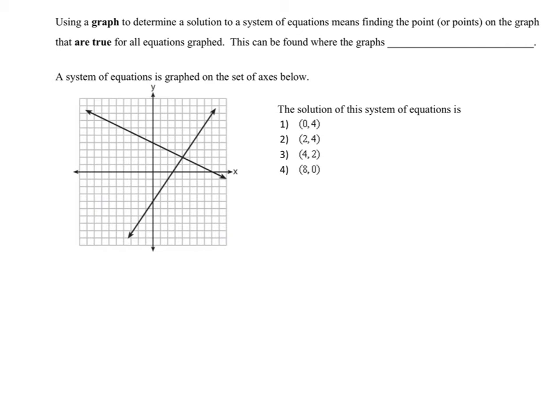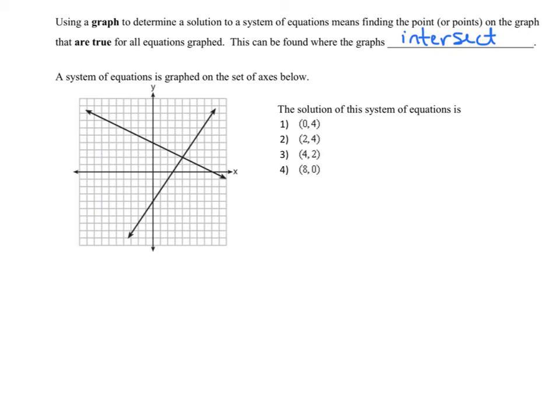Well, using a graph to determine a solution to the system of equations means finding the point or points on the graph that are true for all equations graphed. This can be found where the graphs, and hopefully you're looking at this picture here and thinking through what would happen if a point was true for both lines, well, it'd be where the graphs intersected.